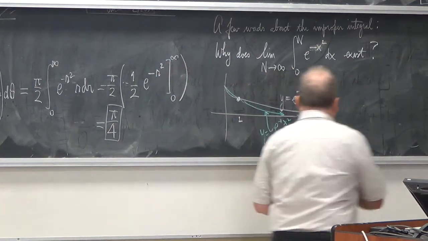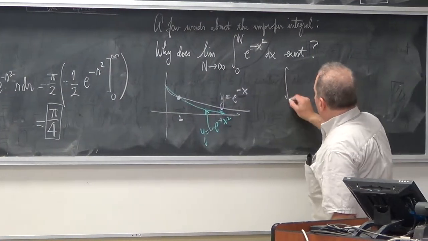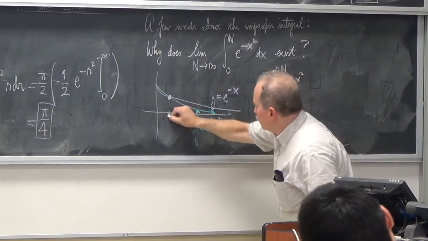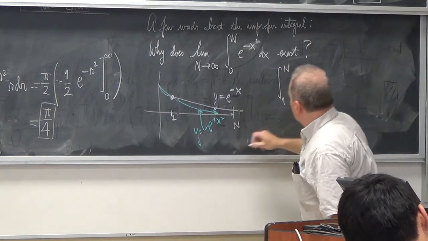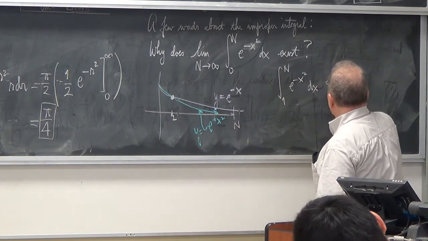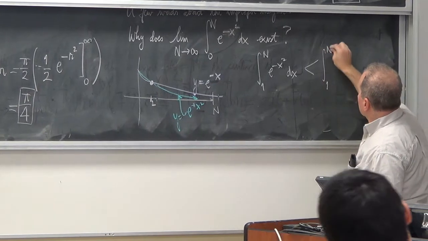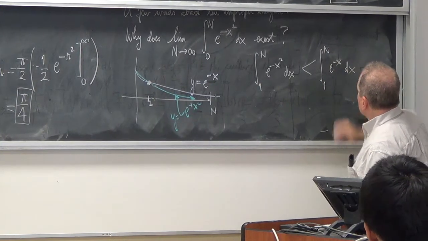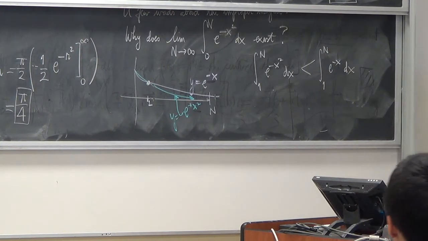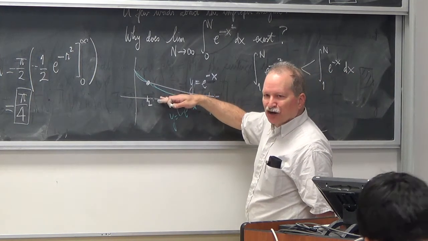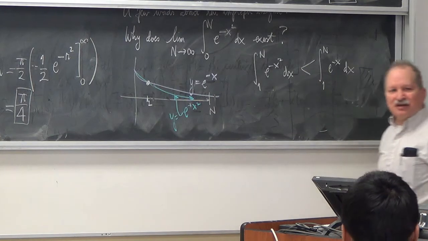So I can note that if I integrate from 1 to n of e to the negative x squared, that's certainly less than integrating e to the negative x. There's less area under a smaller height curve than there is under a larger curve.